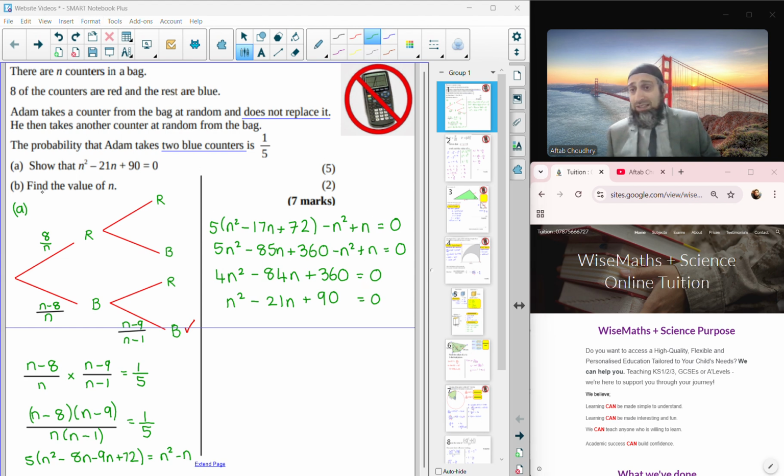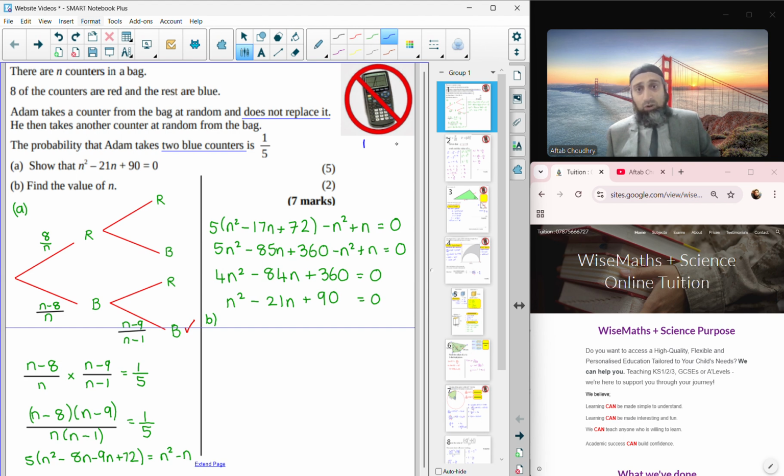Now for part B, it says find the value of n. What we need to do is solve this. We're looking to factorize this, so let's have a look at the factors of 90.